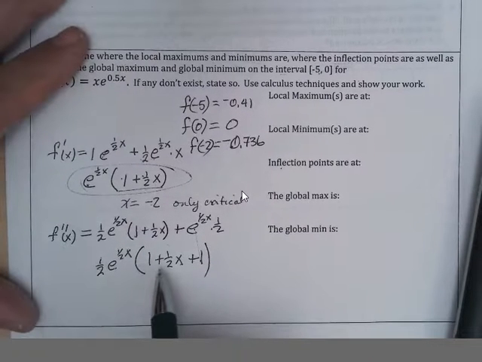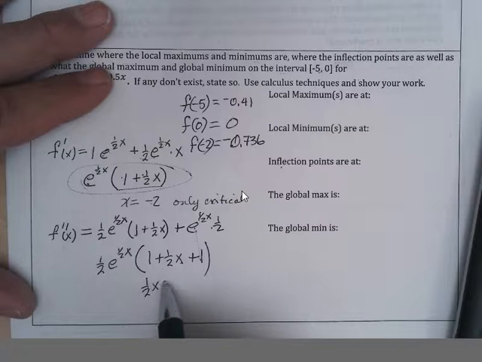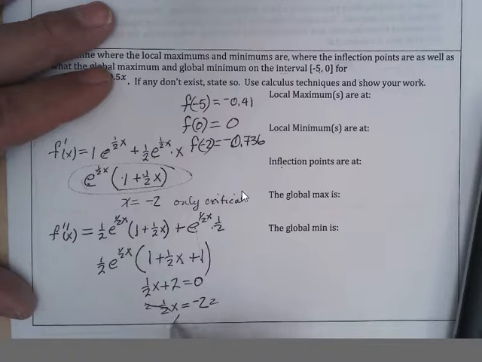So this is not as easy to do in our head, so I'm going to set that, 1/2 x plus 2, equal to 0. Subtract 2 and I get 1/2 x equals -2. Multiply both sides by 2 and I get x equals -4.